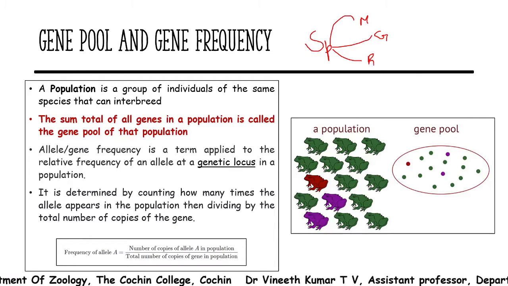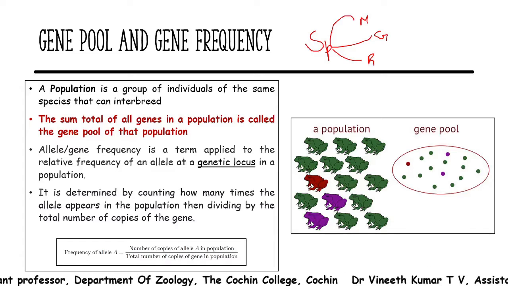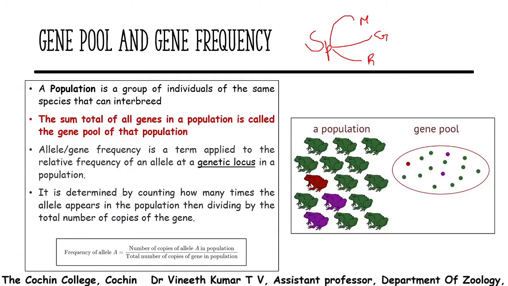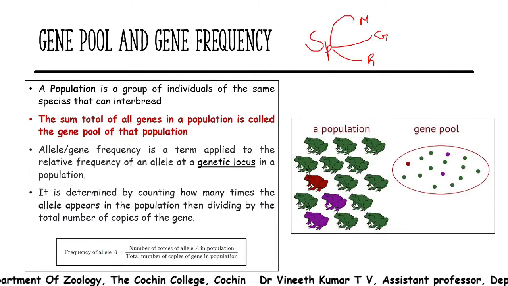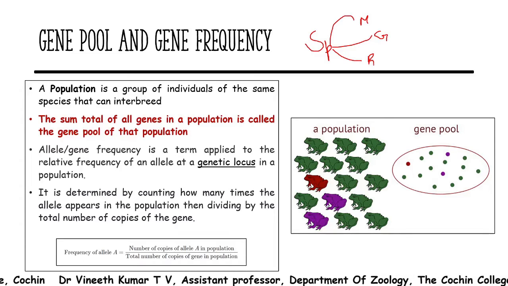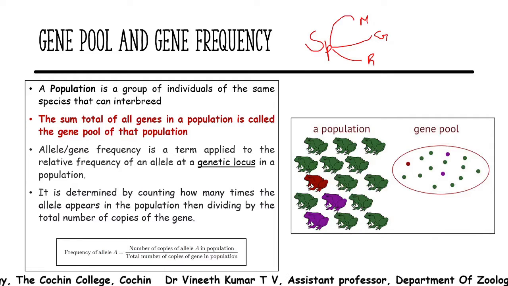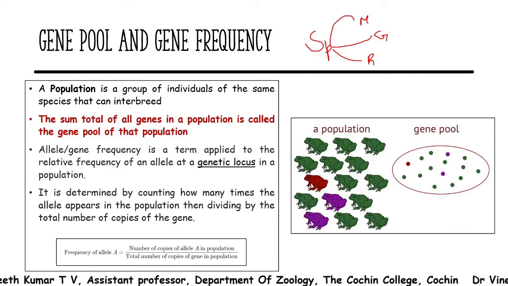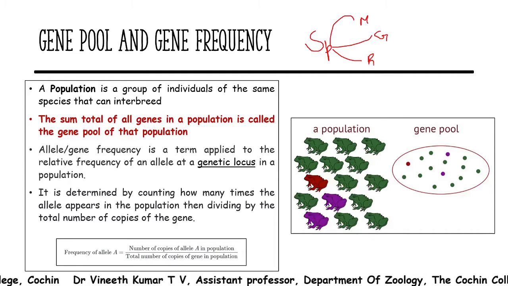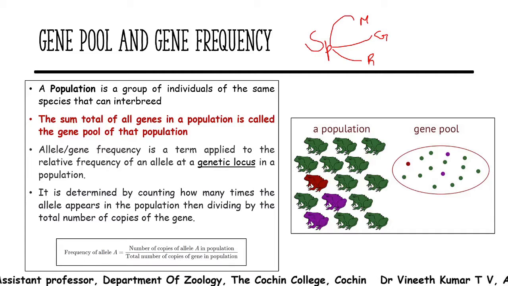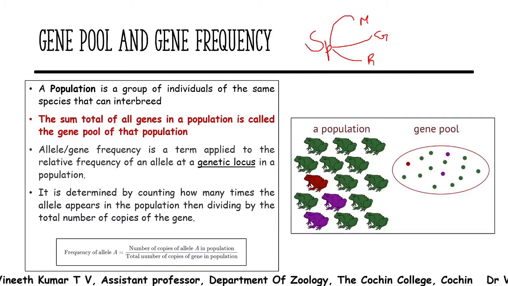There are cases in nature where related species interbreed and give rise to viable young ones, but they are only viable.